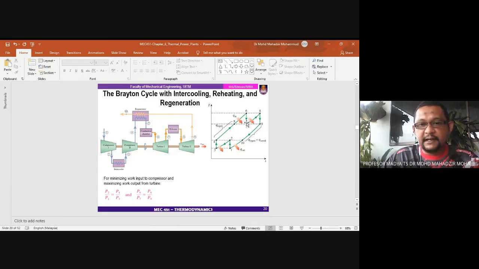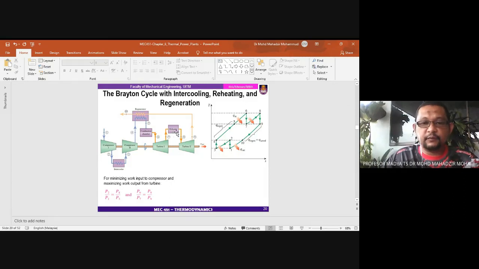Because of the lower energy, temperature and pressure, the product gas that comes from turbine number 1 will be passed through the reheater for the reheating process.